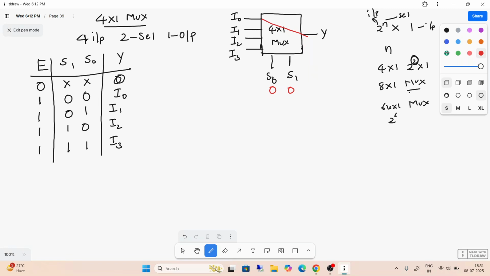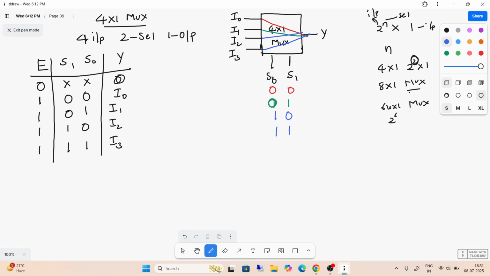When it is 0 1, I1 will be connected. When it is 1 0, I2 will be connected, and 1 1 means I3 will be connected.